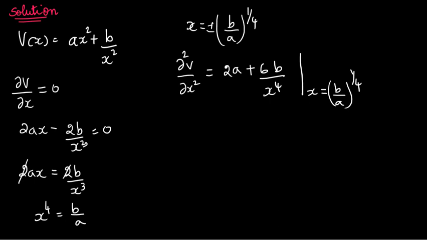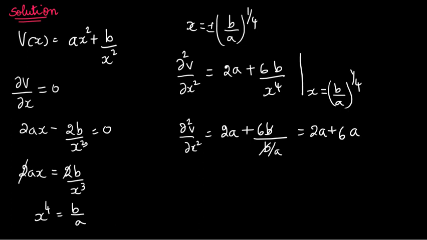So dou square V by dou x square will be 2a plus 6b by b by a. Now I can cancel b and I get 2a plus 6a, which is equal to 8a. Now this is my k. I know that k is equal to dou square V by dou x square.